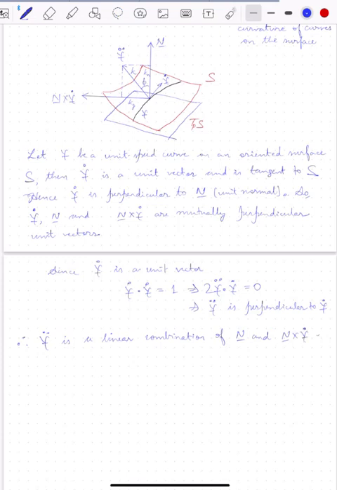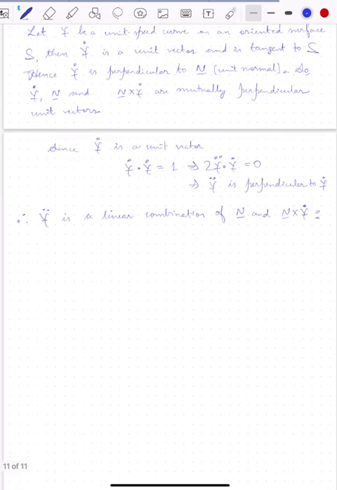That's how it is. So gamma double dot vector is equal to kappa n times n vector plus kappa g times n vector cross gamma dot vector. Right. So this is one thing that we have been trying to convey.